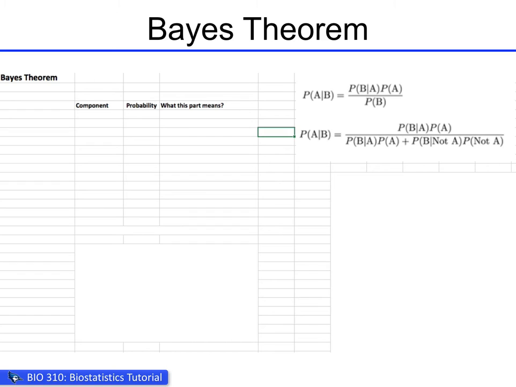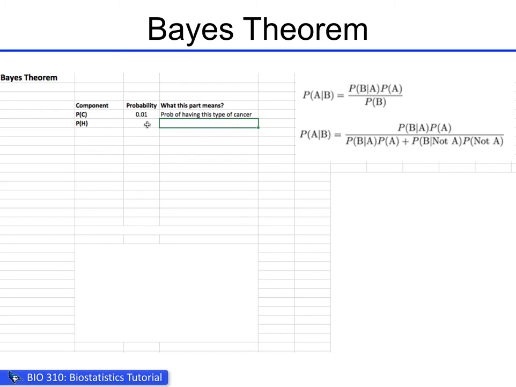Okay, so if we look at a few different things here, we will look at the probability of having cancer, P(C), and this we know from the data is 0.01. This component right here is the probability of having this type of cancer.